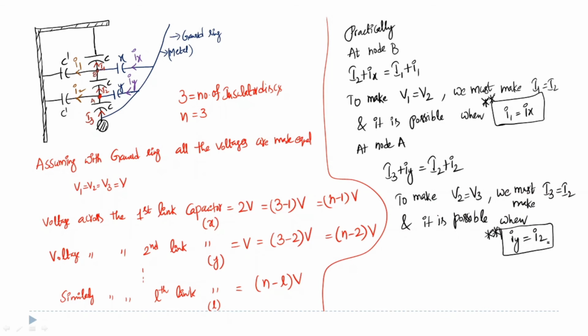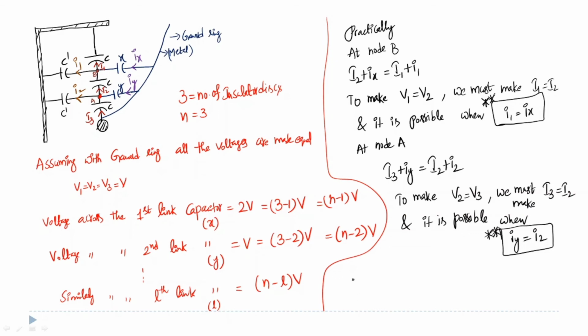Now, what is Ix? Ix is the current flowing through this capacitance. How can I find it? This current is nothing but the voltage across this capacitance multiplied with the admittance of this capacitance.